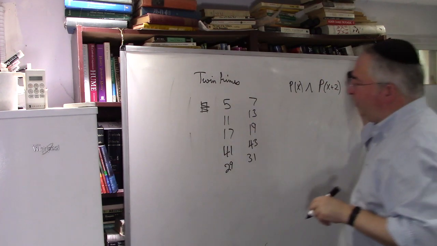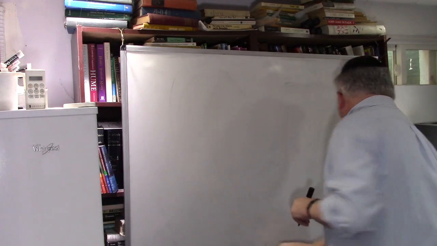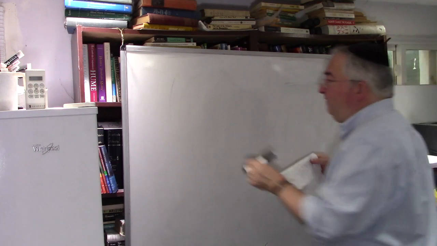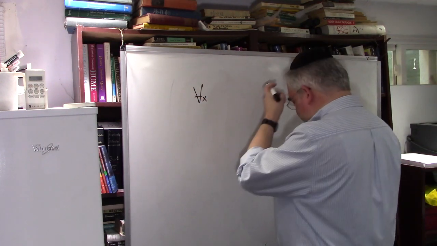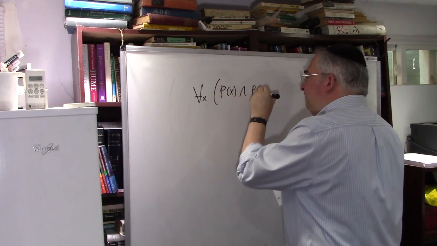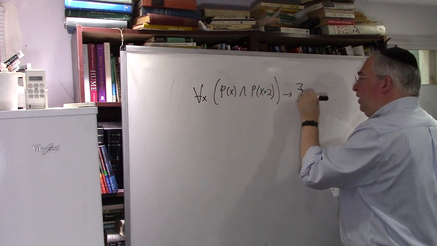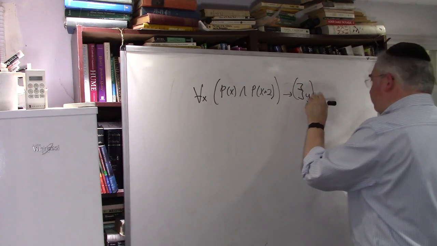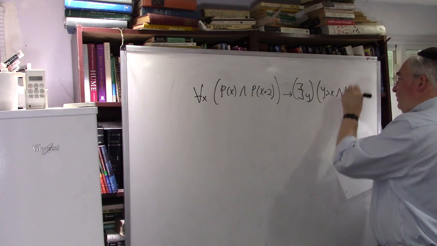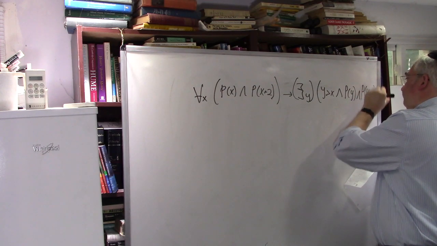The question is as follows. Let's do it carefully. For all x, P of x and P of x plus 2 implies there exists a y such that y is greater than x and P of y and P of y plus 2.